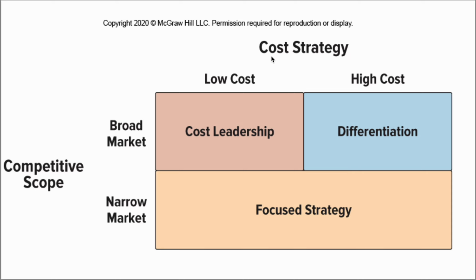In addition to looking at the cost strategy, we need to look at the competitive scope. Broad market means a very broad customer base and typically a very broad product line. Narrow market means the company focuses on a market niche and typically has a smaller product line.